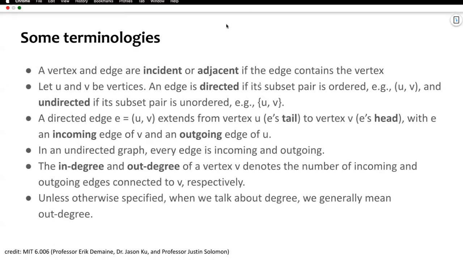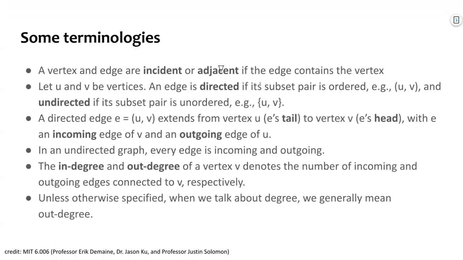And there are some terminologies, and I'm going to explain each one. A vertex and an edge are incident or adjacent, which talk about the same property, if the edge contains the vertex. So let's say we have node 1, node 2 and node 3, and there is one edge between node 1 and node 2.